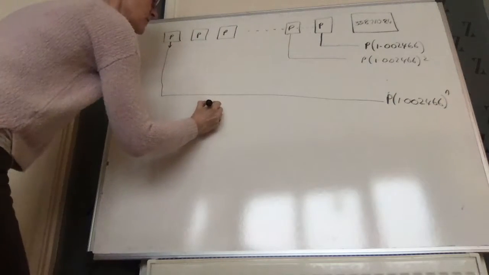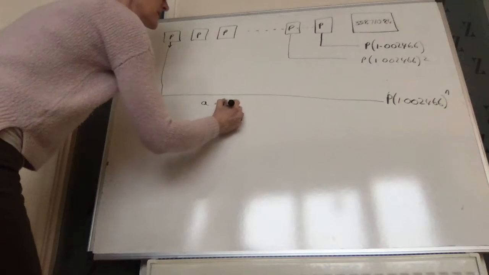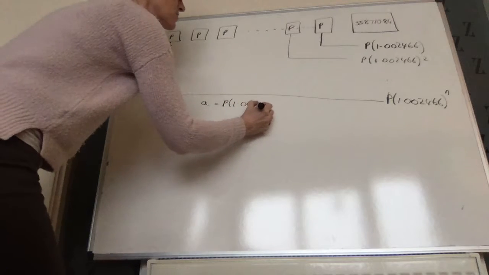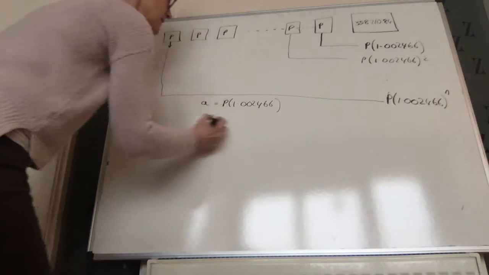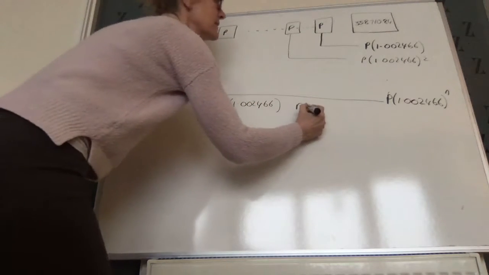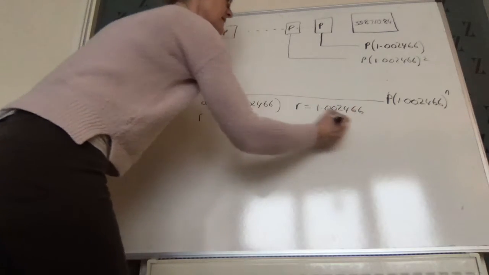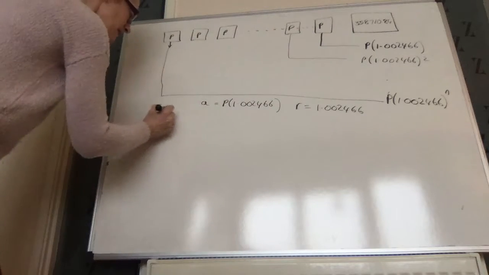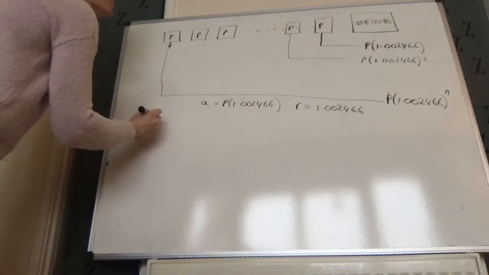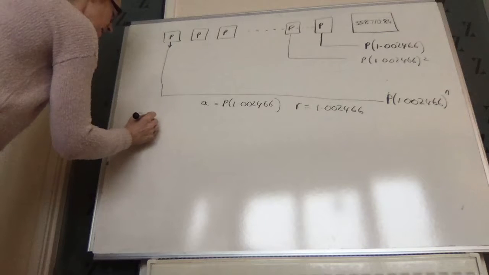The a of the geometric series is P times 1.002466. The r, the common ratio, is 1.002466. That's what you're multiplying by each time. And the Sn is going to be what your 358,710 is.